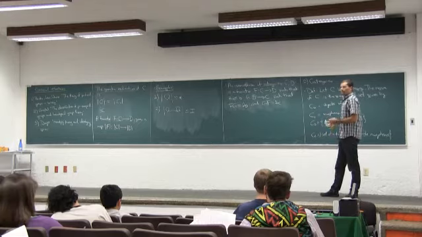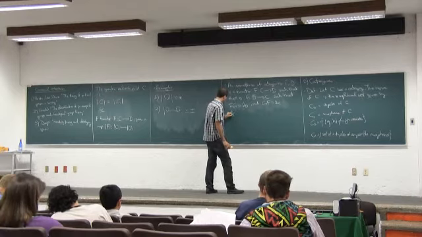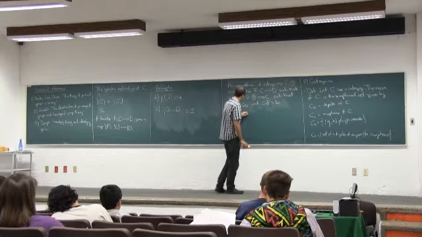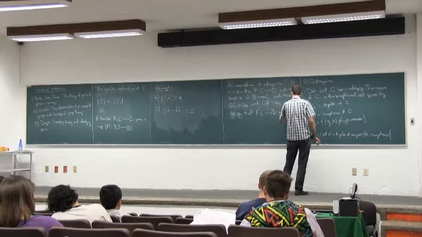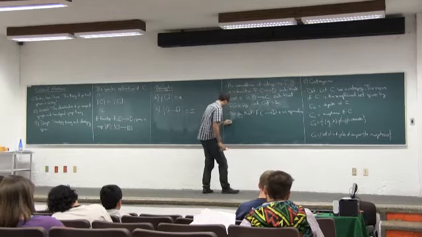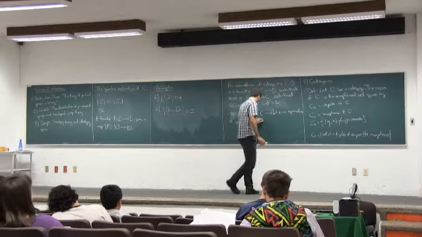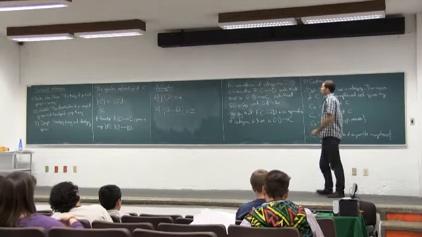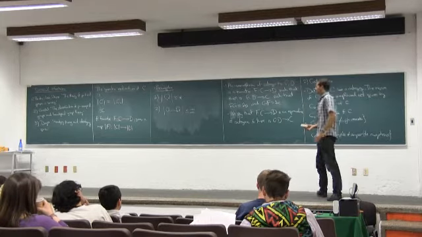But there is another notion that is a bit weaker, which is called an equivalence of categories. So we say that F from C to D is an equivalence of categories if there is G from D to C. And now we don't want the compositions to be exactly the identity, but that they are naturally isomorphic to the identity.